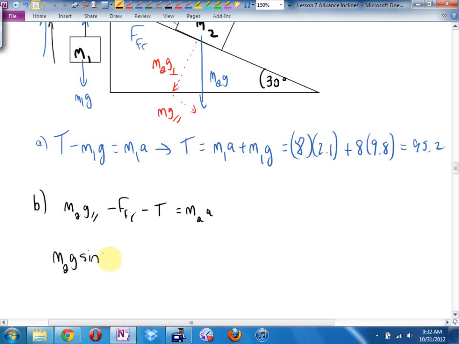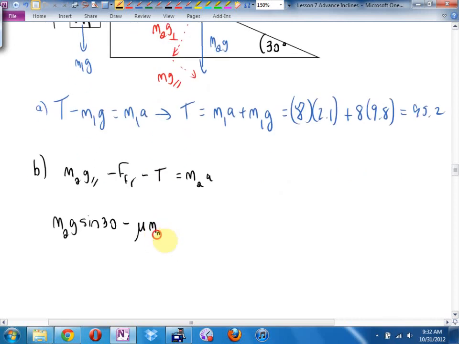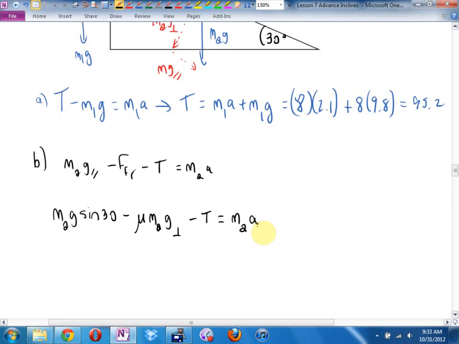So sine 30 minus friction, which is mu times the normal force. Rats, I don't know the normal force. Oh, that's going to be mu m2g perpendicular minus tension equals m2a. Hang on, Cole's saying divide by A. Since I have so many M2s, and that's what I'm trying to find, I'm going to target those.